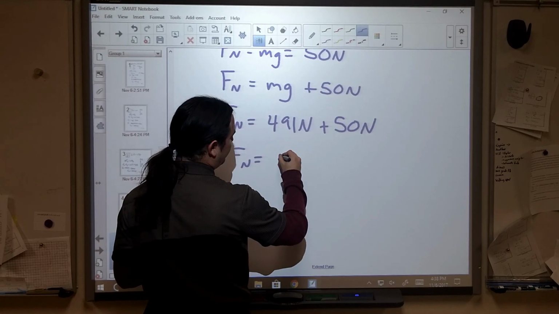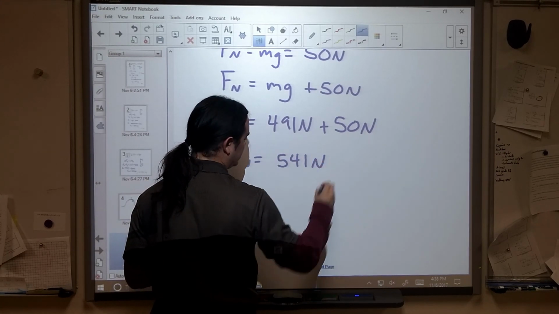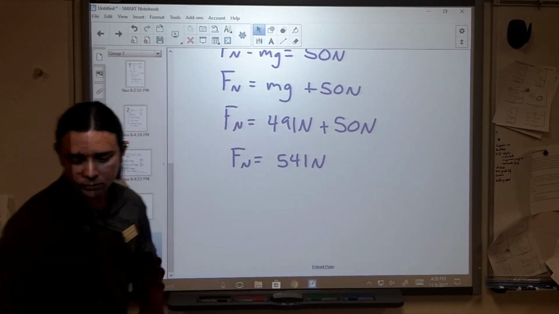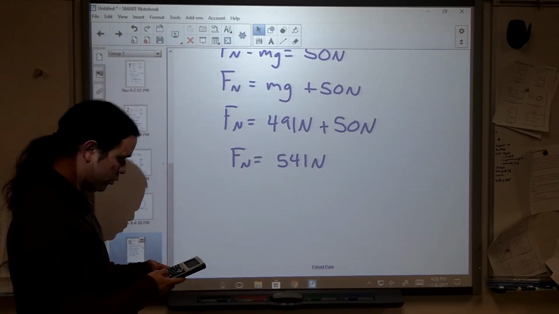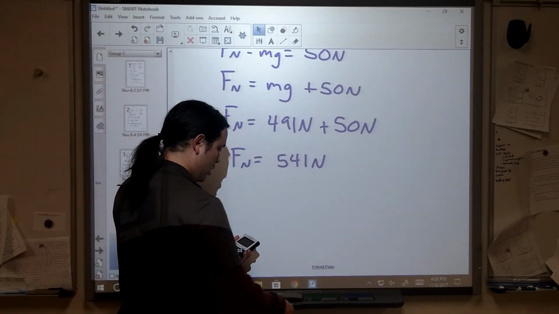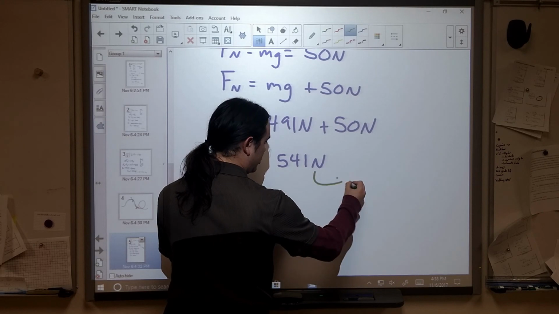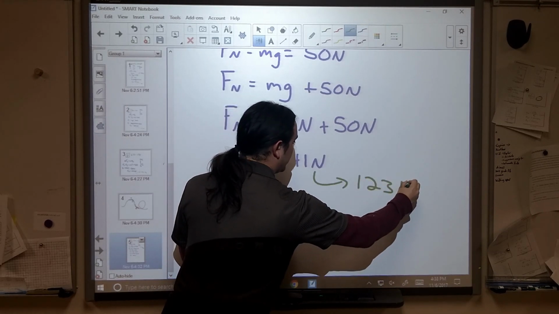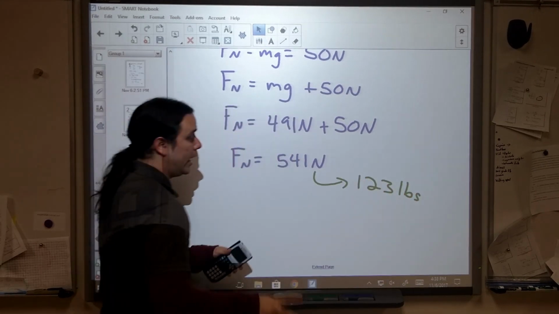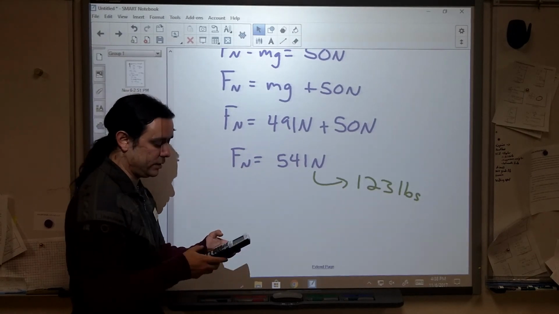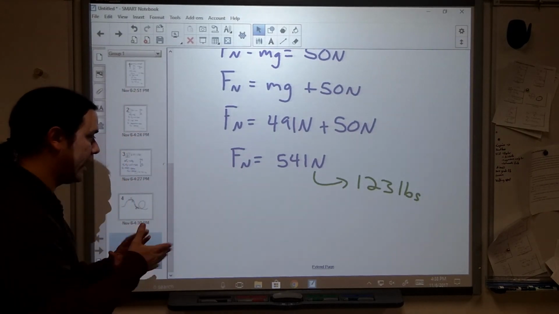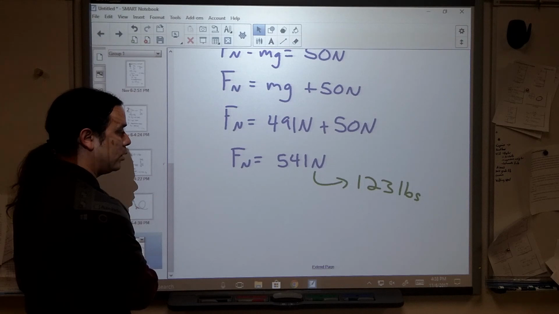So this comes up to 541 newtons, if I'm not mistaken. And then, if I take 541 divided by 4.4, this comes up to about 123 pounds. I appear to have gained about 11 or 12 pounds, depending on how our rounding goes.